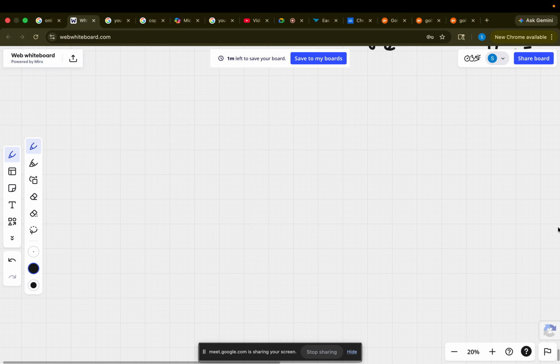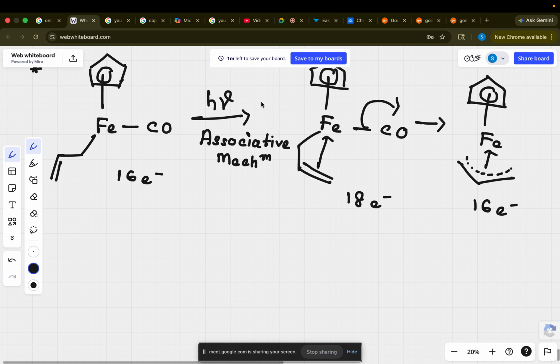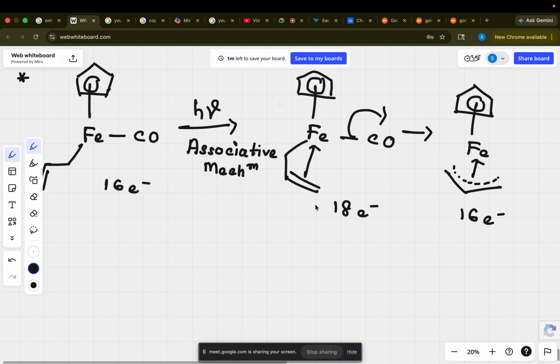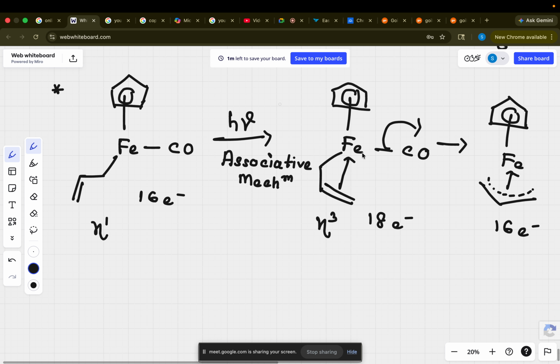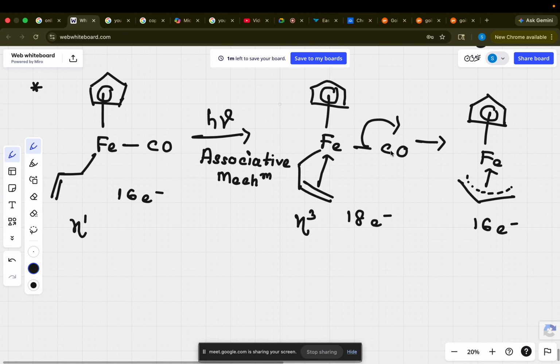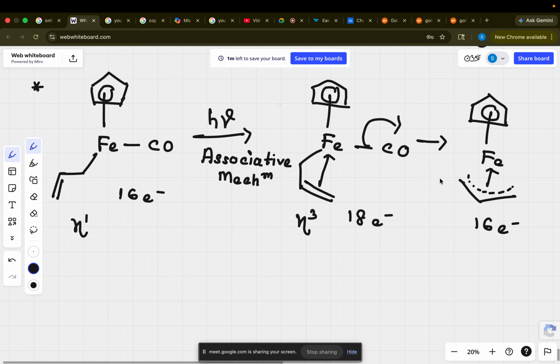Now write down one thing, the coordination number of the metal. Here it is eta 3 now. Here it is eta 1. Coordination number of the metal center, so here it is 1, 2, 3, but now it is becoming 1, 2, 3, 4, 5. TBP structure you will get. And ultimately you are getting 1, 2, 3, 4.